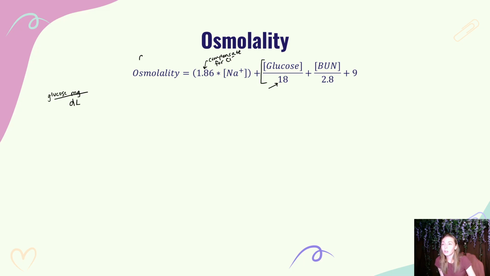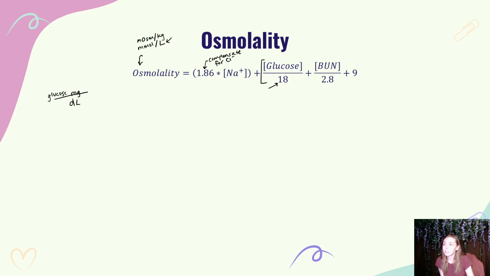When we are calculating osmolality, we need this to be measured and reported in one of two ways: milliosmoles per kilogram or millimoles per liter. The math works out the same either way. I will be using millimoles per liter because I don't feel like bringing kilograms into this. Milliosmoles requires bringing in a coefficient of everything, and I don't want to do that right now. All that matters is that the math works out the same either way.